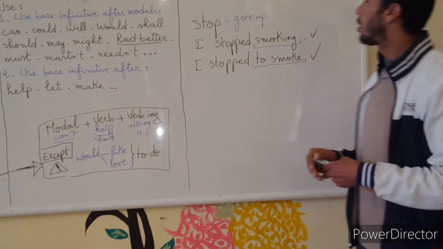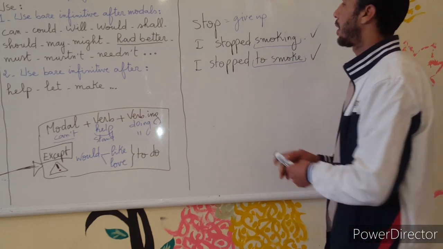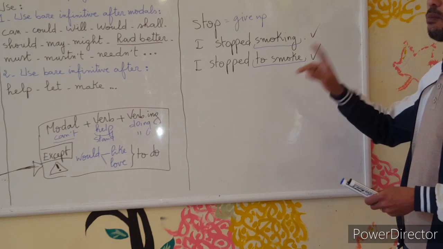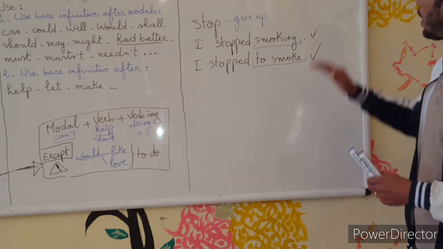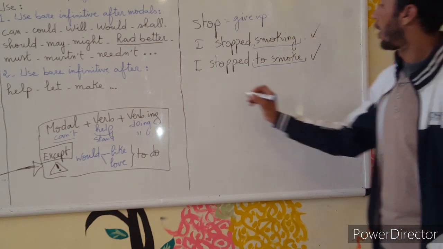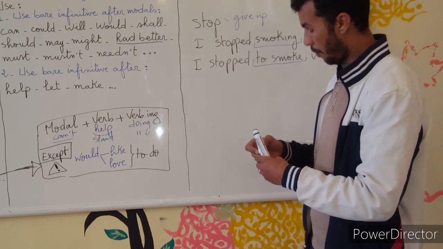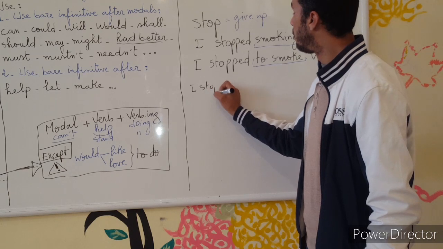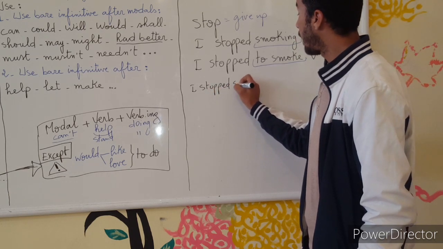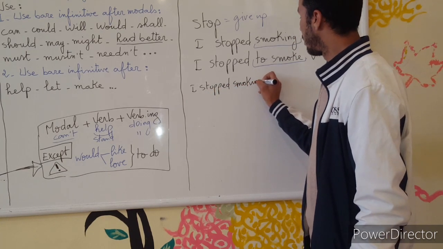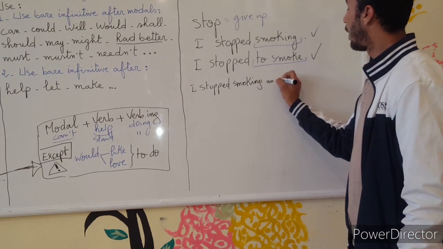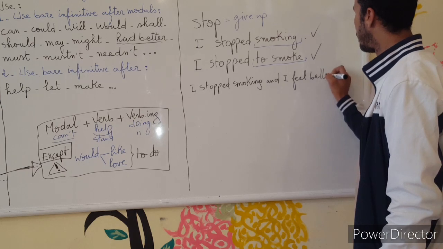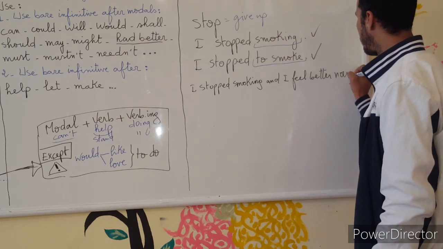So what are we to do in such cases? It's impossible to be given something like this in an exam without context. There must be context here. Number one, context: I stopped smoking and I feel better now.